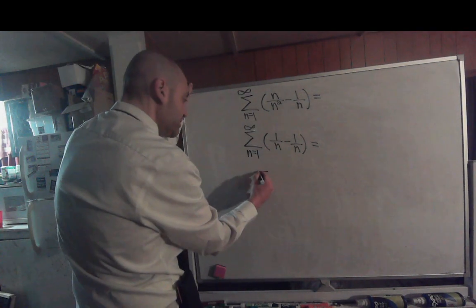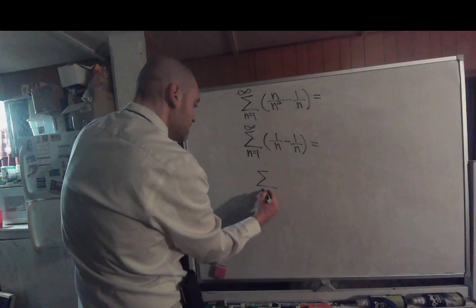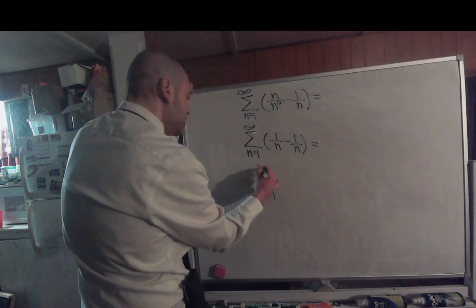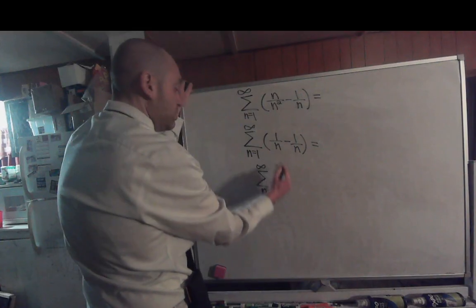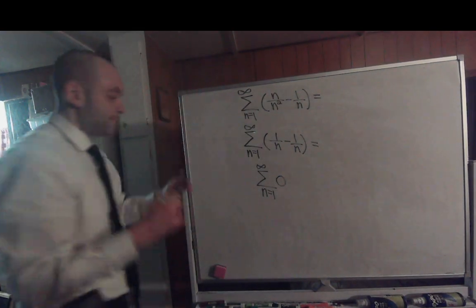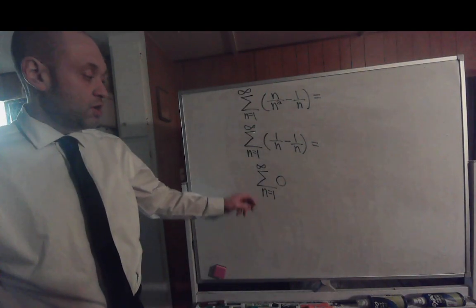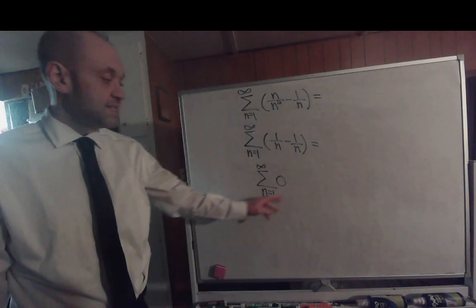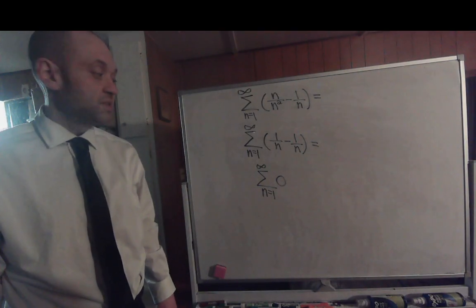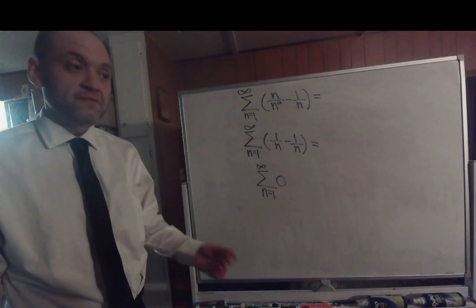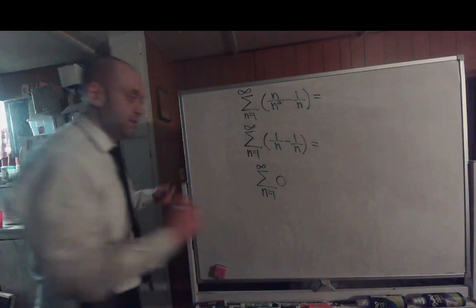That's going to equal 0, right? So from n equals 1 to infinity of 0. So literally now this is saying I'm going to go from 1 to infinity, I'm going to add 0 infinite times. Well, 0 plus 0, even infinite times, is still 0, right?